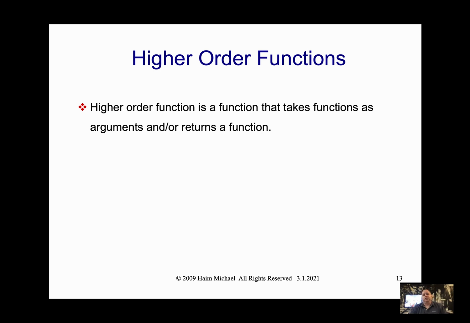A higher order function is a term from functional programming. A higher order function is a function that takes a function, so when you invoke it, you pass over a function, or a function that returns a function, or both. When talking about a higher order function that takes a function, it is actually about a function that when you invoke it, you pass over a reference for an object that represents a specific function.